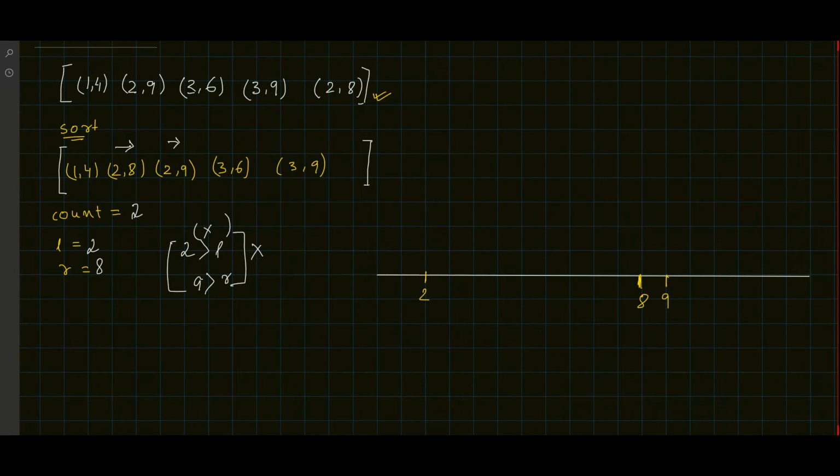So what does this situation mean? Even though we have sorted the intervals on the basis of the first element, what happens when you encounter a case where the first elements of the pairs are the same? Even though for 2 comma 8 we have incremented our count, on the x-axis 2 comma 8 is this part here.